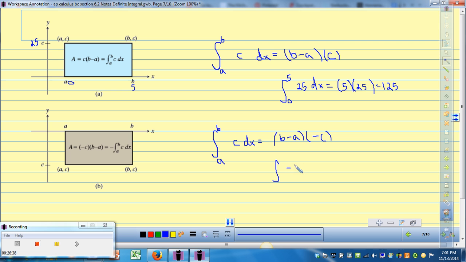A good example is if we had the integral of negative 25 dx from, let's say, 1 to 4. Let's do that. And here we would get the width, which would be 4 minus 1, or 3, times that constant, which is negative 25. And we would get negative 75.